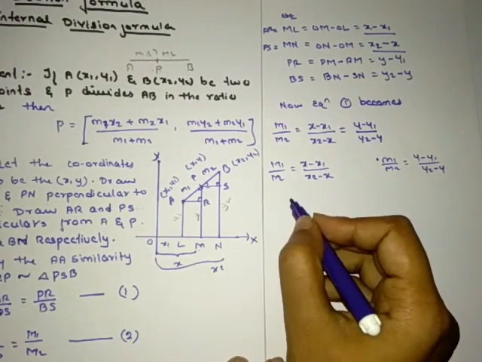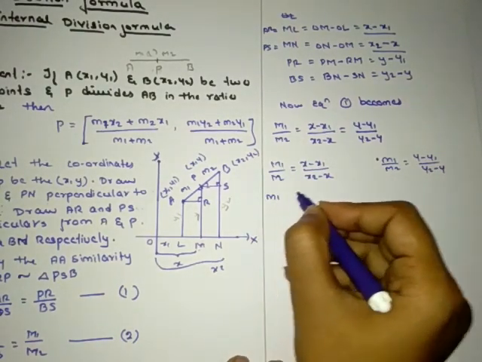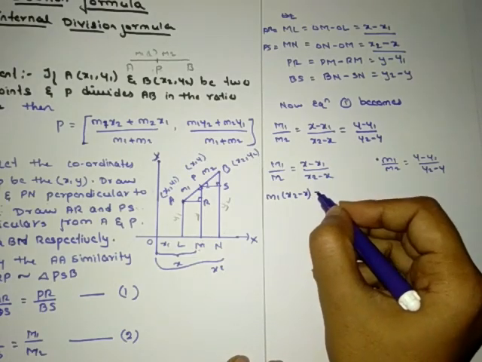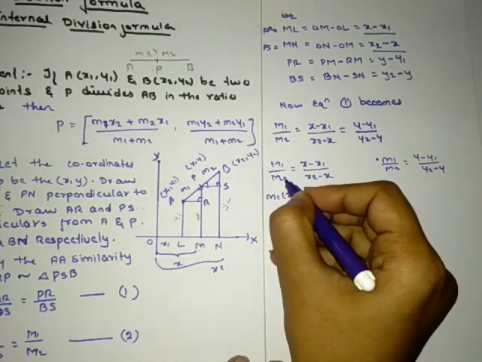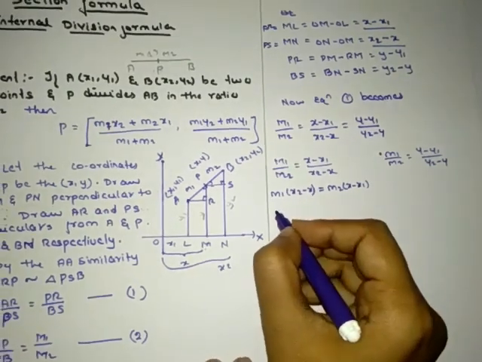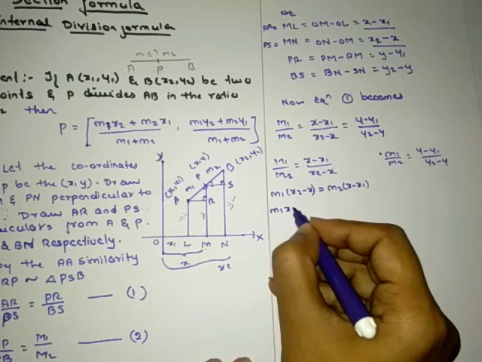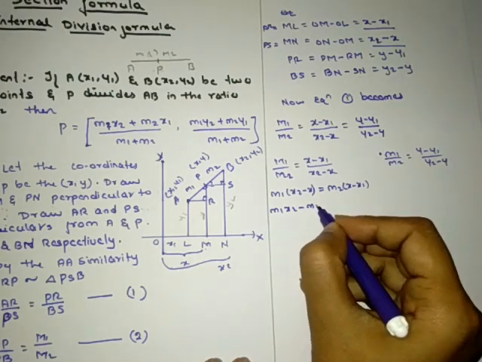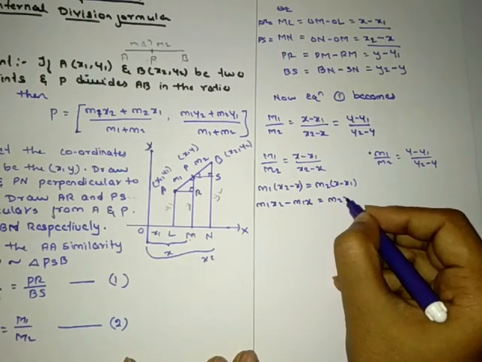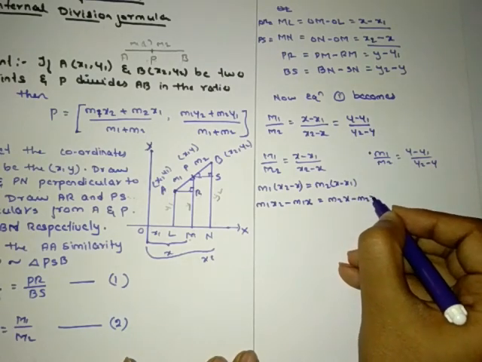Now we'll take the cross multiplication, which will give m1 into x2 minus x equals m2 into x minus x1. We'll multiply these values: m1 into x2 minus m1 into x is equal to m2 into x minus m2 into x1.